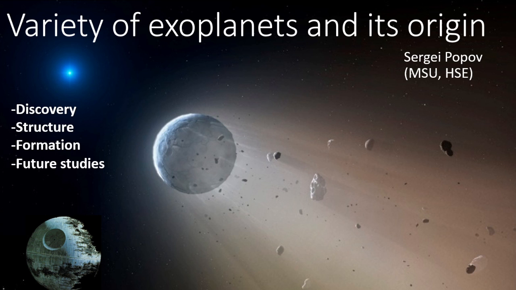There are many options to have exoplanets with different properties, with different sets of parameters, but still there are some basic things, and the main task is to understand these basic things. So I'll try to underline them when I come to these points.